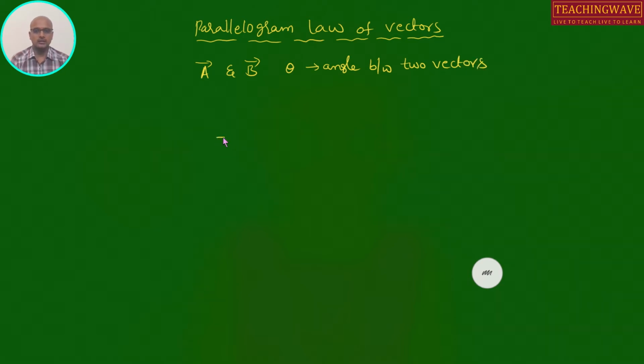Let us take A bar as the first side of a parallelogram, and B bar as the second side of the parallelogram, and these two vectors pass from the same point. That means a co-initial arrangement. In this situation, the diagonal passing from the same point O gives the resultant of A bar and B bar.